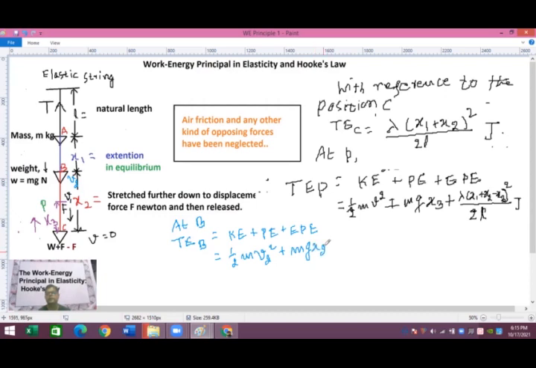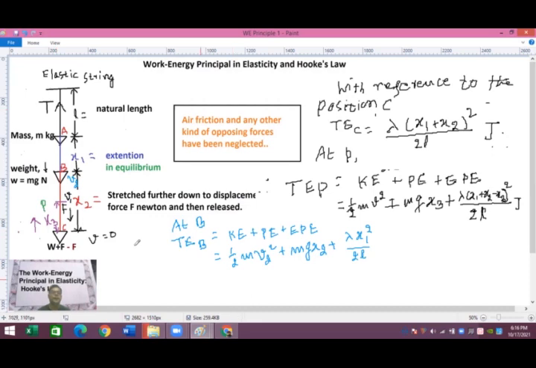The elastic potential energy at this point is lambda times extension squared by 2 times the original length L. The extension up to x2 has already vanished, so at the equilibrium position B the extension is x1, and you can write lambda x1 squared by 2L.